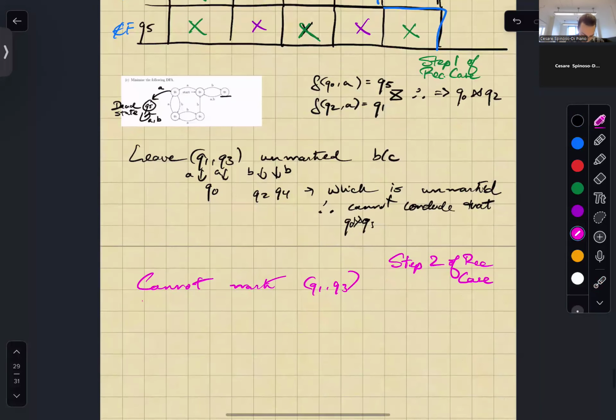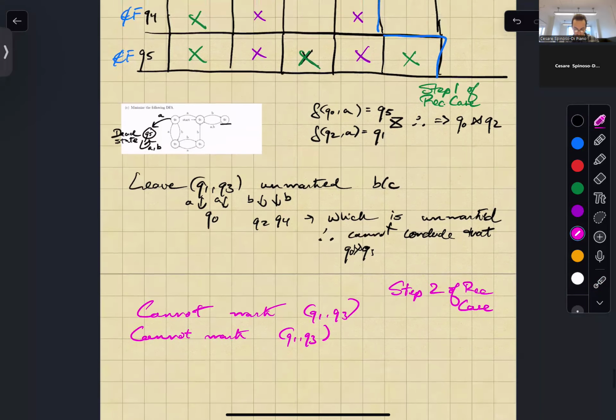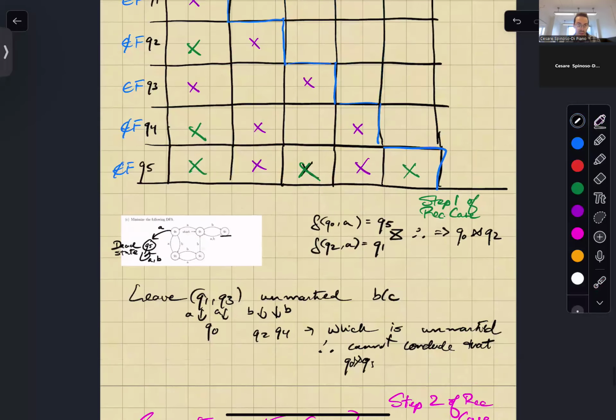So again, we cannot mark Q1, Q3. And now essentially we're starting to get to the stopping condition of this algorithm.